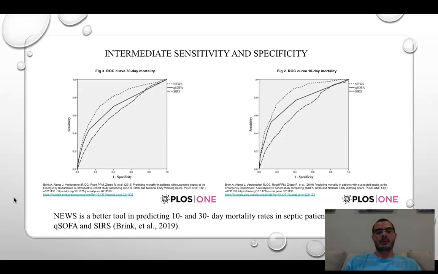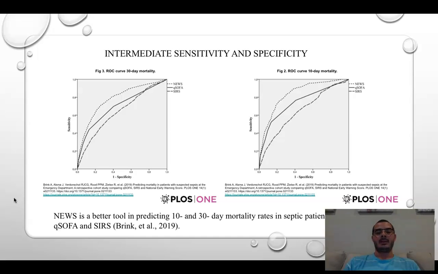The problem with SIRS and qSOFA is that at lower scores they have higher sensitivities or specificities, and then as the scores get higher, you get the inverse. Neither one of them has an intermediate or strong agreement between being sensitive and specific.